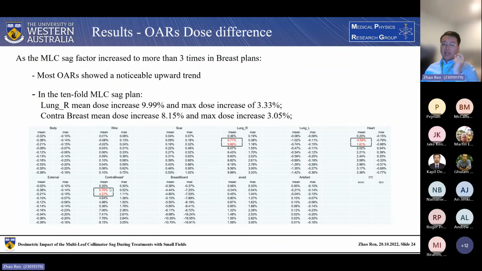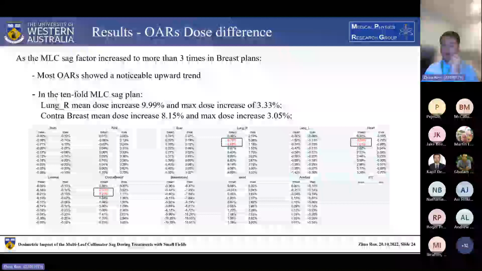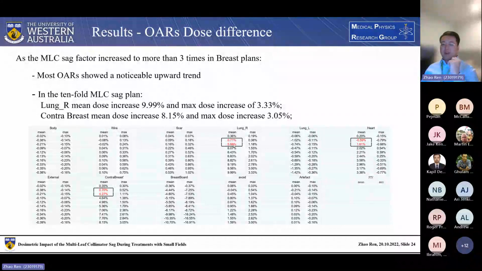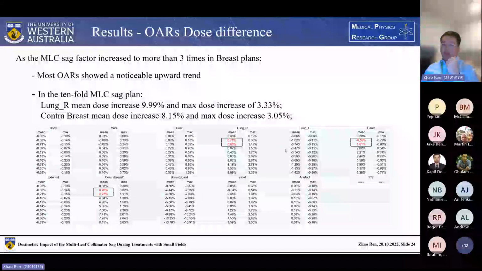But suddenly, when the MLC sag increased to 3 times, the increased percentage goes from 0.7% directly to 4.3% and 5.7%. And even for the heart, it went from 0.6% to a sudden increase of 1.6%. That is a very obvious change.